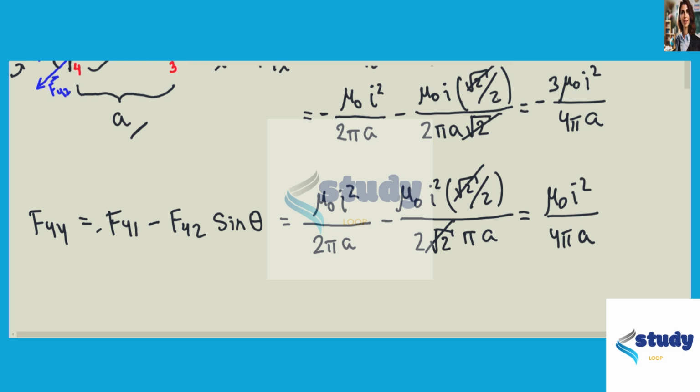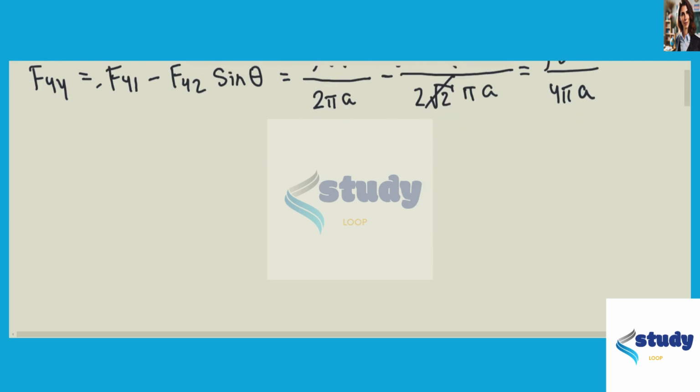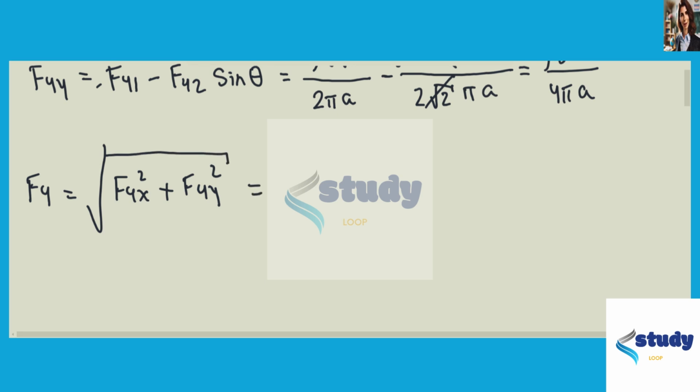So that's what we're going to try to do in here. So this is the square root of F4x squared plus F4y squared. And in this sense, we simply substitute all of that we have obtained.